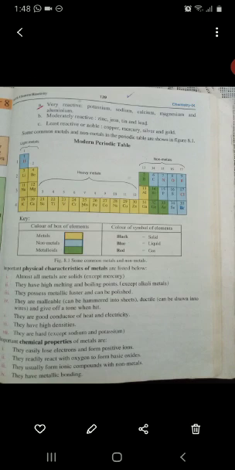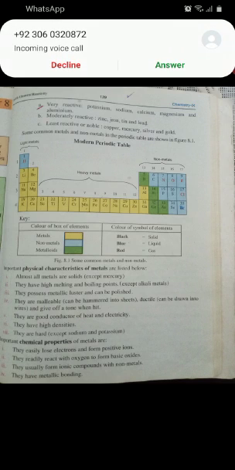That's why they are called basic oxides. Number 3, they usually form ionic compounds with nonmetals. Metals react with non-metals and they form ionic compounds because their bond is formed by donation of electrons or by gaining of electrons. And the example of sodium chloride we have studied in chapter number 4.